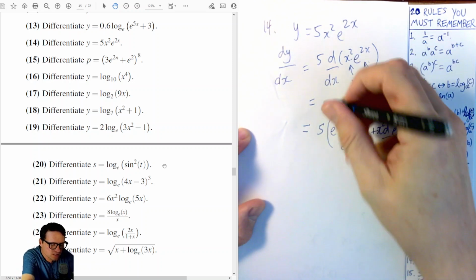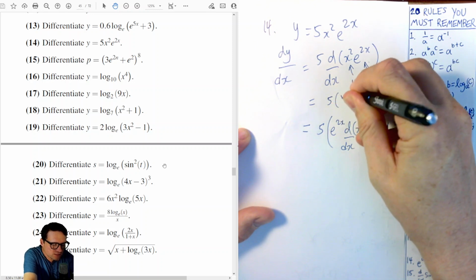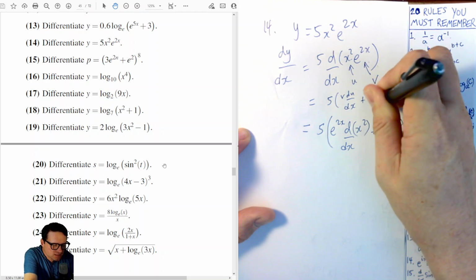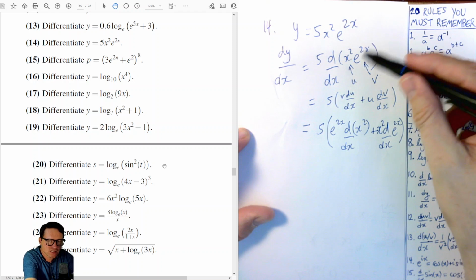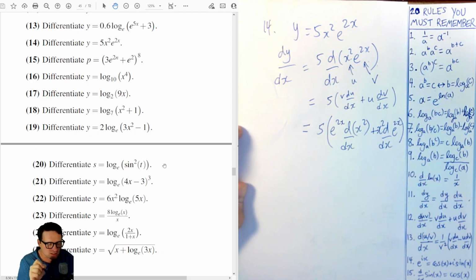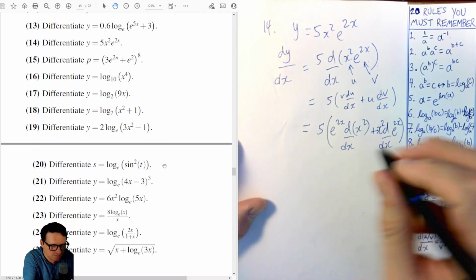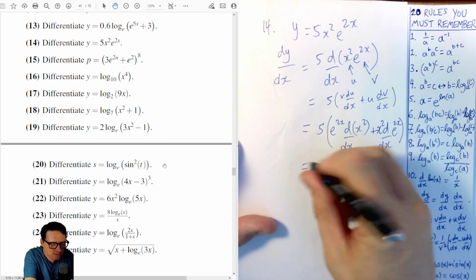This is u, this is v, so I've got 5 times v du on dx plus u dv on dx. I typically won't write this because you can see clearly what to do if you know the product rule. So let's continue and differentiate these two items and simplify. The derivative of x squared with respect to x is 2x.